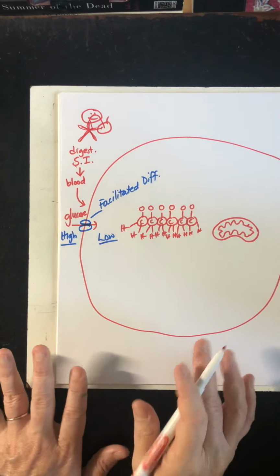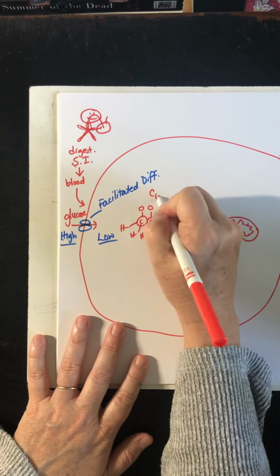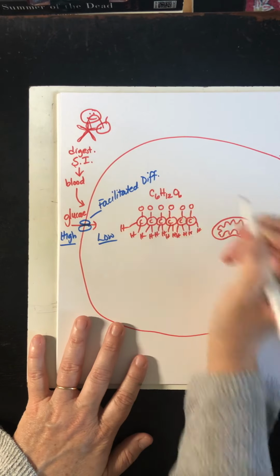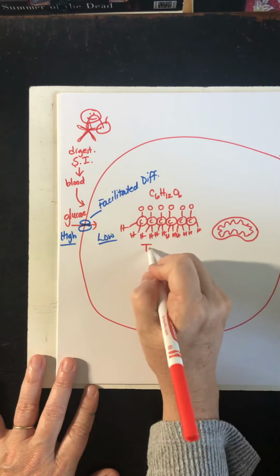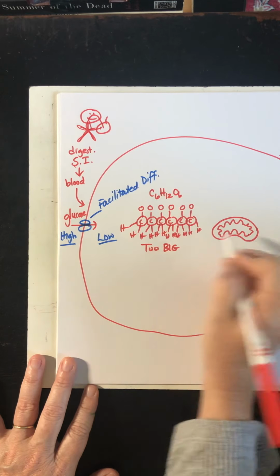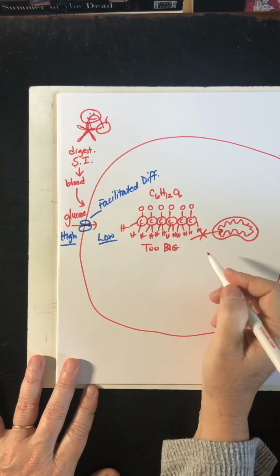Not in this shape, okay? This is just for you to see all the C6H12O6, okay? That is too large, so it's too big to move in. Can't get in. All right, so glycolysis has to occur.